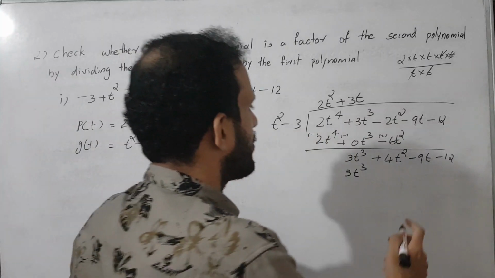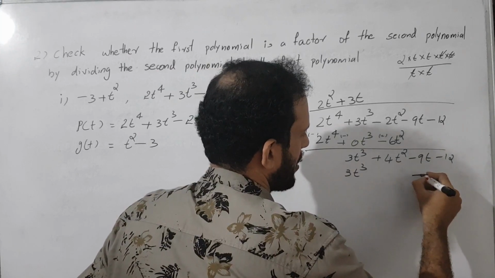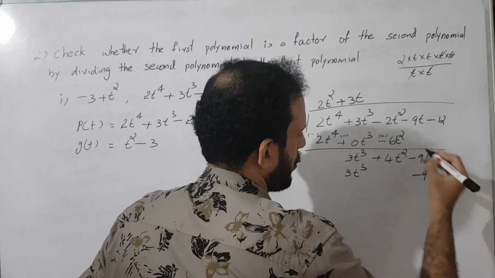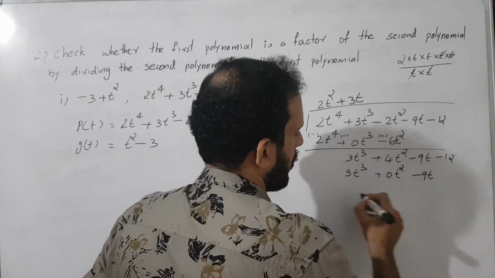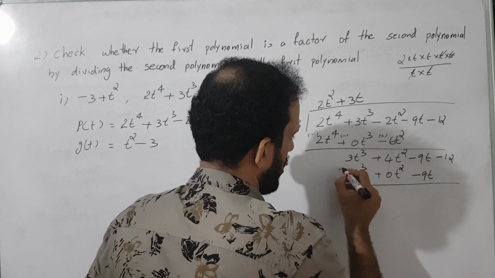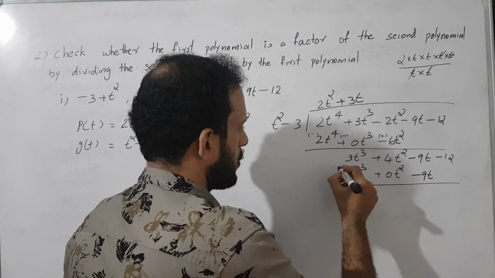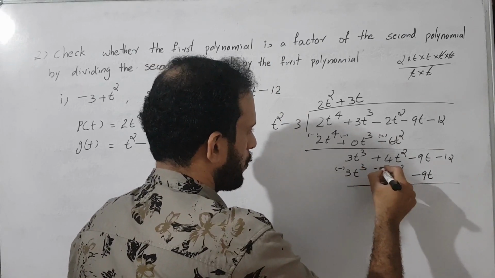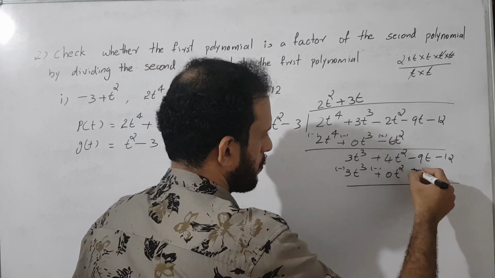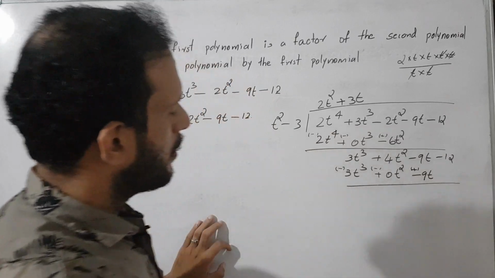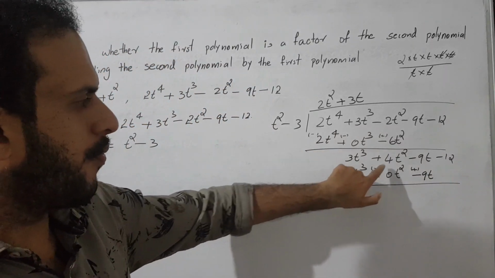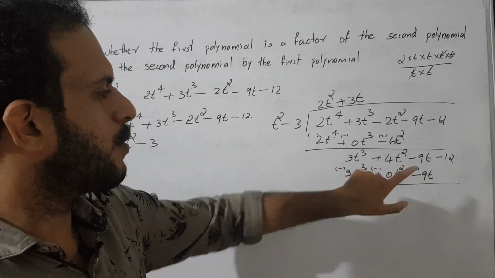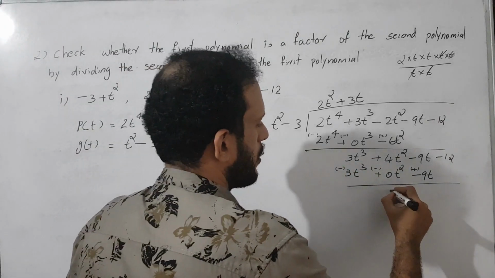Yes, minus 9t. Then to write the below of 9t, okay? Then here we adding 0t square. Then we subtracting is minus. This one is minus. This also minus. This one is plus. Then 3t cube minus 3t cube, 0. 4t square minus 0t square, that is 4t square.